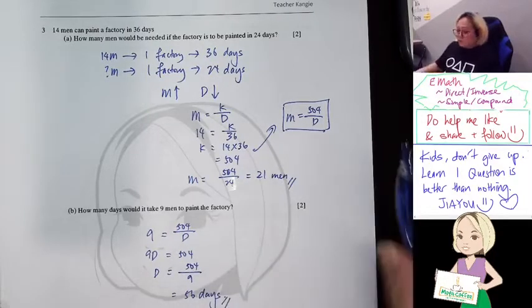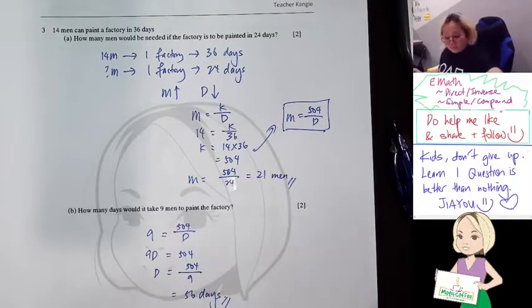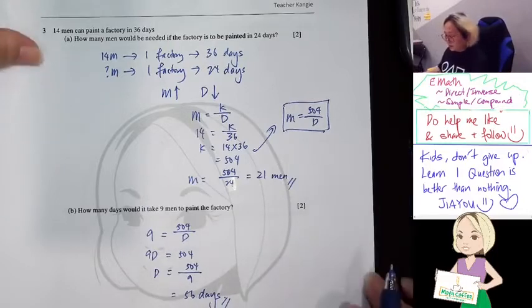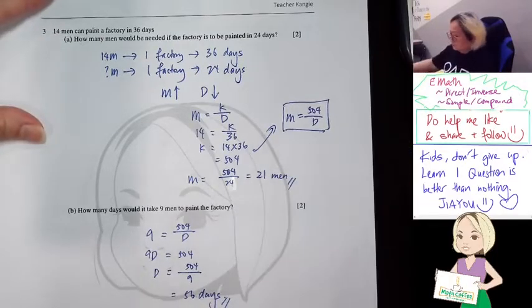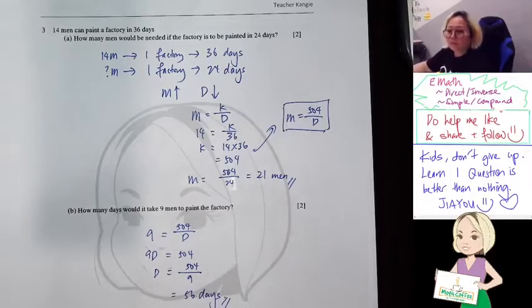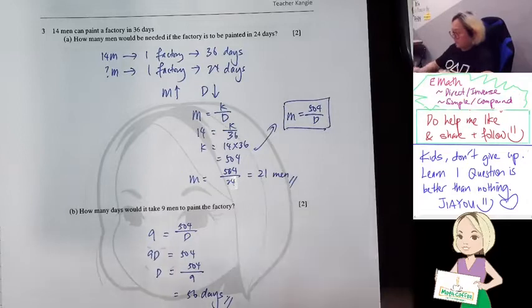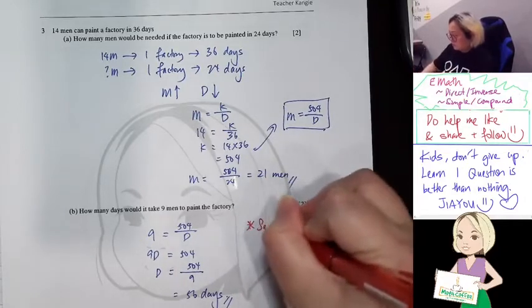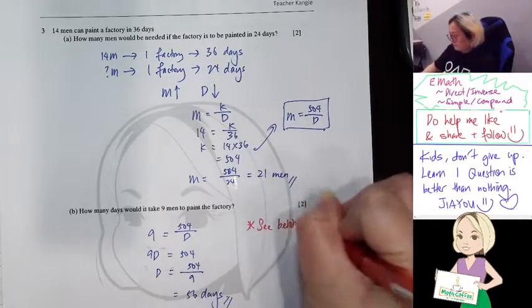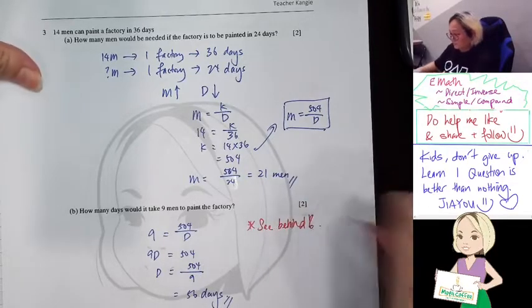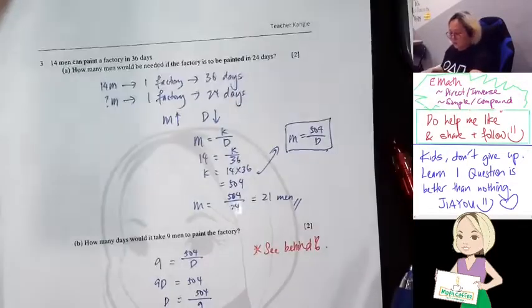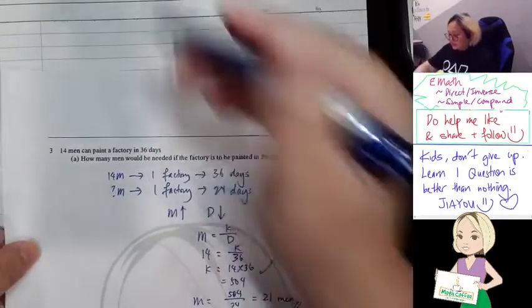Okay, now we're going to do a slightly tougher one. I will put here C behind. Okay, so I'm going to change it slightly.